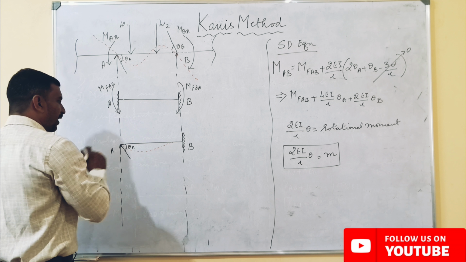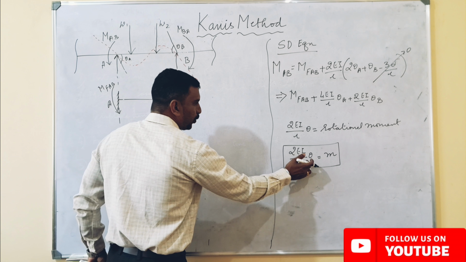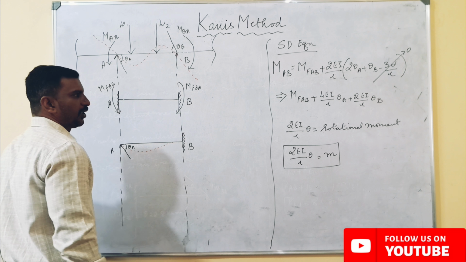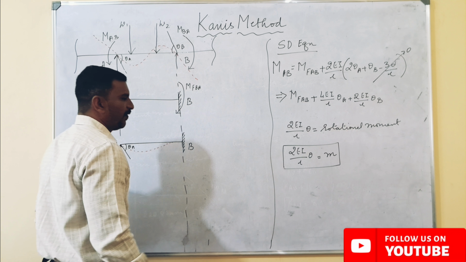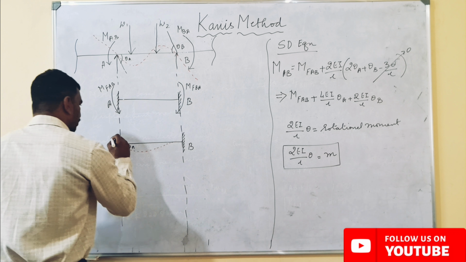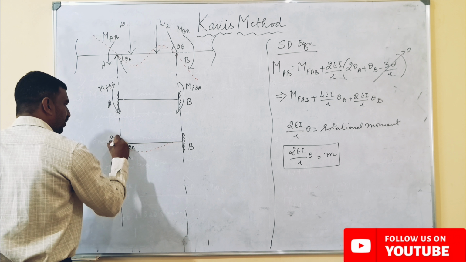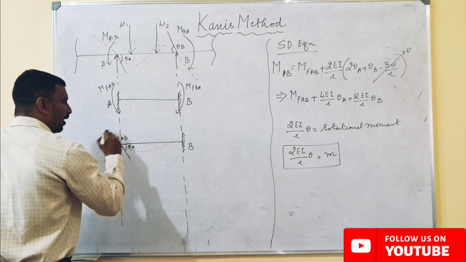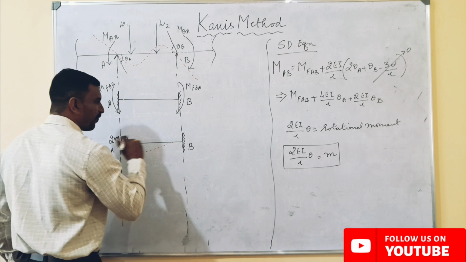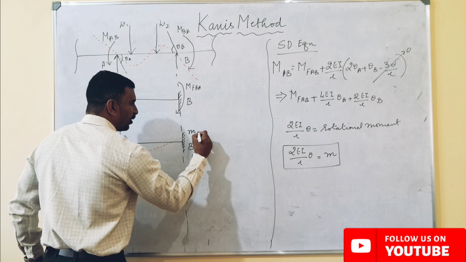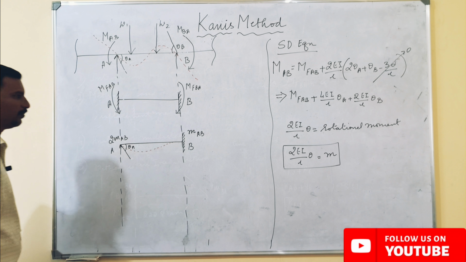About the near end, as we know, 2 EI by L into theta is the rotational moment. About point A, that is 4 EI by L into theta A, which is represented by M, we can write it as 2 times M AB. And about the far joint, it will be half, that is moment about A to B.